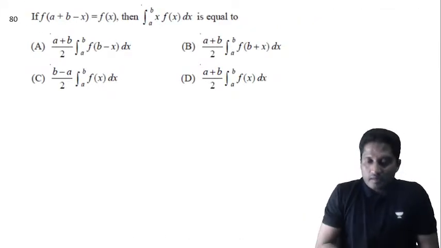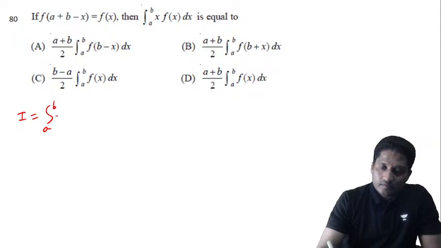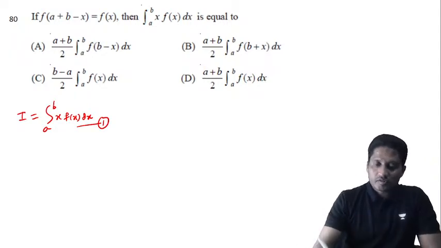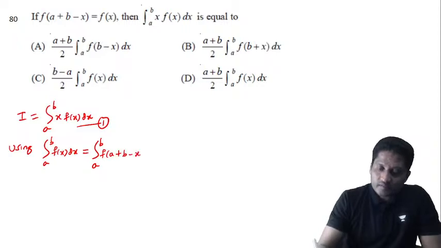Question number 80. I call equation 1: I is equal to integration of a to b x into f of x dx. I'm going to use the property that integral a to b f of x dx is equal to integral a to b f of a plus b minus x dx.